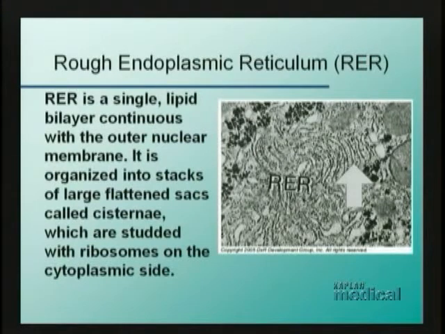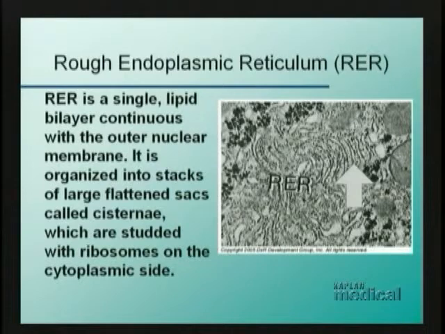So now, the bound polysomes are actually bound to the rough endoplasmic reticulum, basically giving it a very characteristic form in the electron microscope, in that rough endoplasmic reticulum typically consists of a parallel array of stacks and sacks of cisternae that are studded with the bound polysomes, typically on the cytoplasmic side.